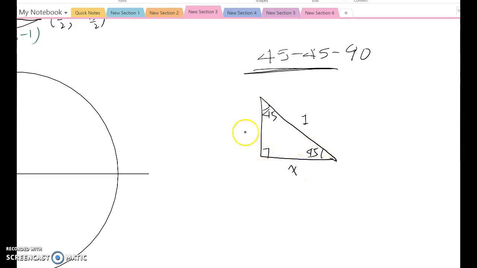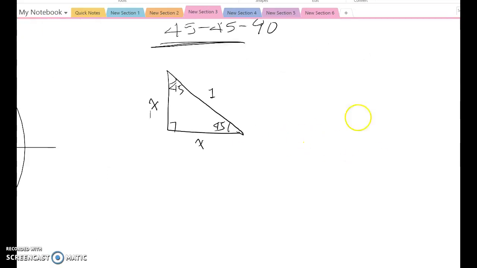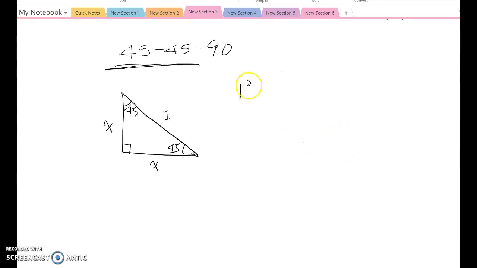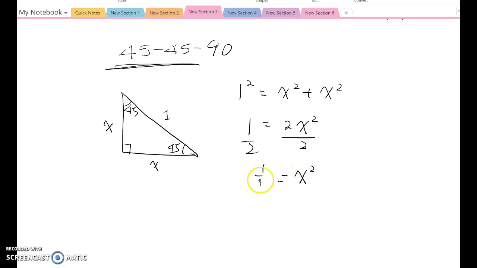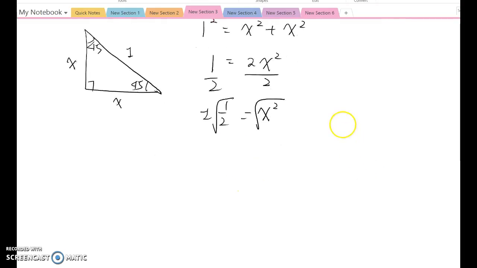Even though we don't know the x value, we can find it using the Pythagorean theorem: 1 squared equals x squared plus x squared. So 1 equals 2x squared. Divide by 2, then x squared becomes 1 over 2. Take the square root, don't forget plus and minus, so x equals plus and minus root 1 over 2, or you can rewrite this as x equals plus and minus 1 over root 2.